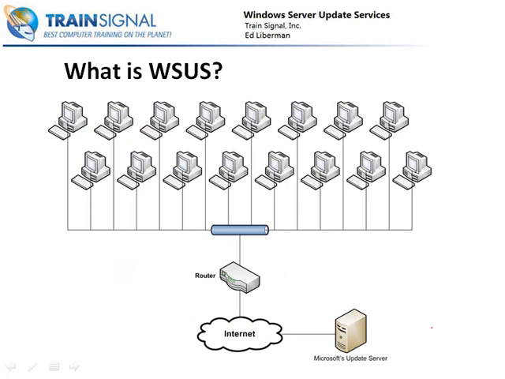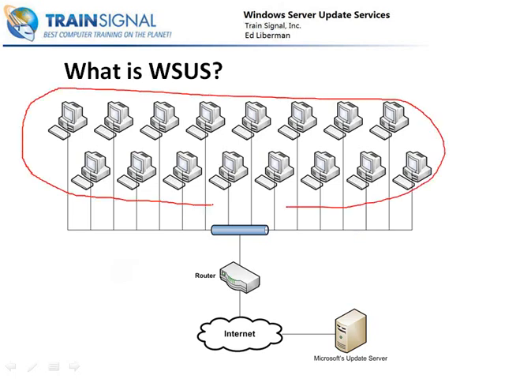First of all, what exactly is WSUS? Well, on the screen here I have a representation of what we used to have before WSUS. We would have large quantities of client computers who would each independently have to do a Windows update and communicate with Microsoft's update server independently.